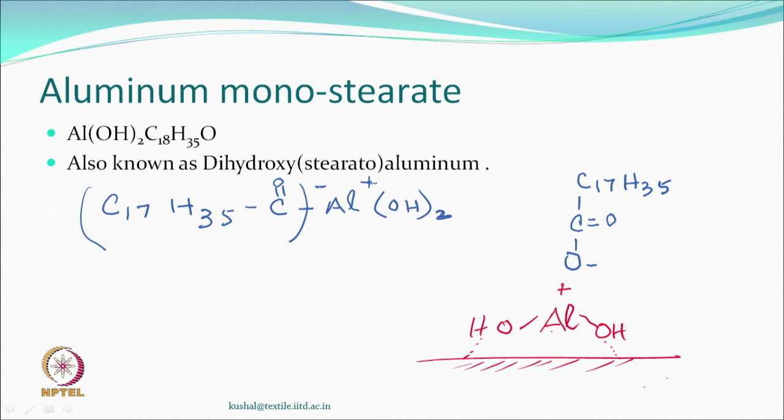Aluminum is there, the stearic group is already here, and so some kind of an association can happen with the textile surface, while this part would give us the hydrophobicity and therefore repellency, and this part will not only give non-solubility, but also will have the possibility of some type of attraction, right.